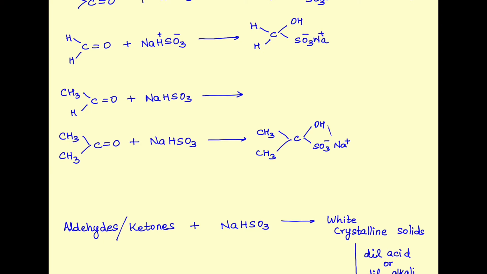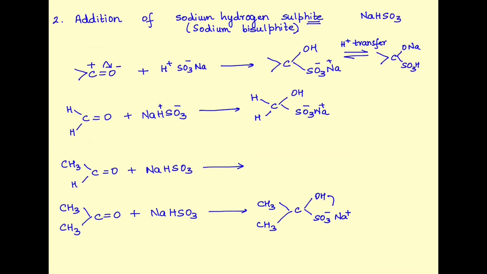The proton gets transferred. There's kind of an exchange. The proton gets transferred to the SO3 negative. So the product that is formed over here is SO3H, and the Na goes to the oxygen. So there is an internal transfer, SO3H, so that it's equally distributed.